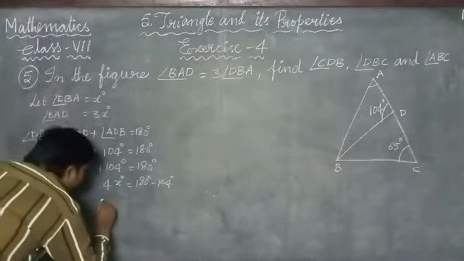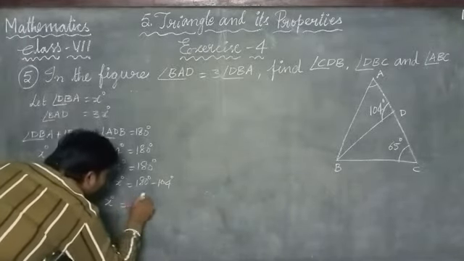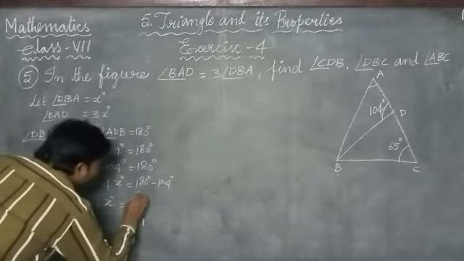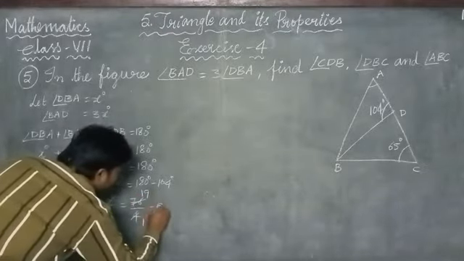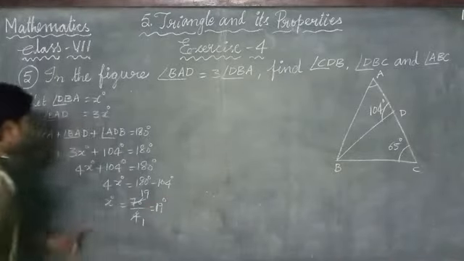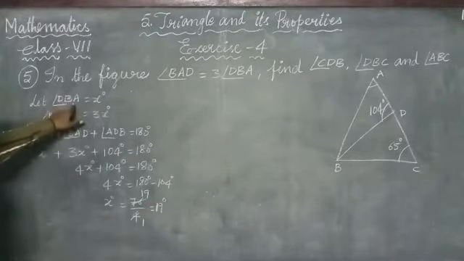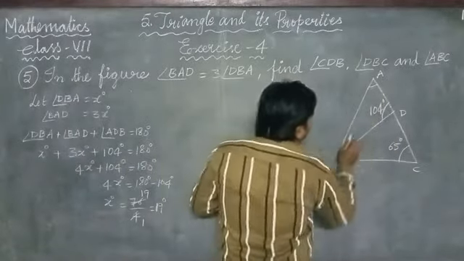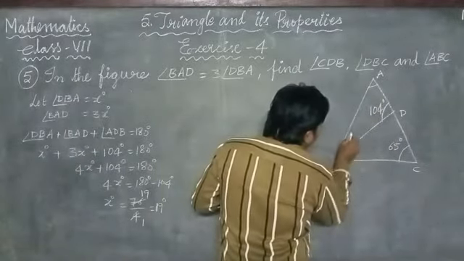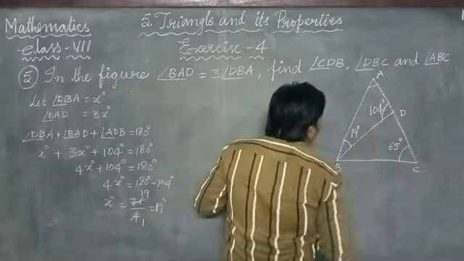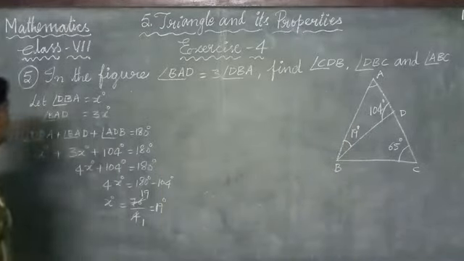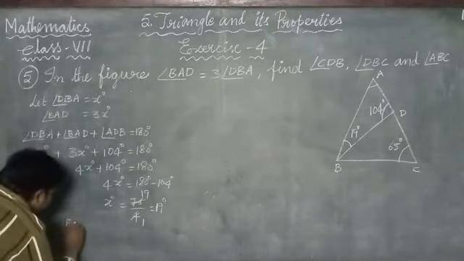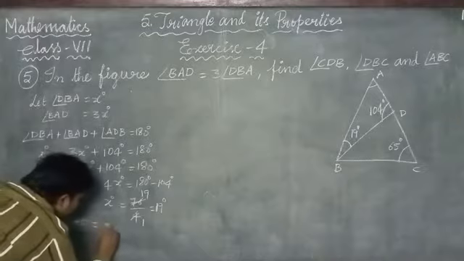From that we can write x equals 76 divided by 4. Here x equals 19 degrees. Then x means angle DBA, so angle DBA is 19 degrees. Angle BAD equals 3x.